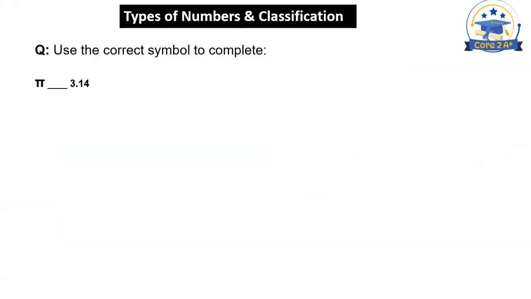Next, use the correct symbol to complete. Okay. So how can we complete? Here we have pi on the left hand side, and on the right hand side we have 3.14. As we already know, pi is not exactly 3.14. We just assume this is an approximate value, right?